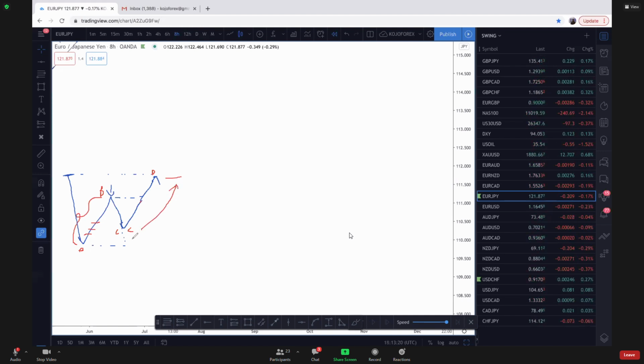But if I say buy Euro JPY from A, you hold it to B, the next week again I say buy Euro JPY from C, you caught the beginning of the trend. Point A is the beginning of the trend, which also here was a swing point.